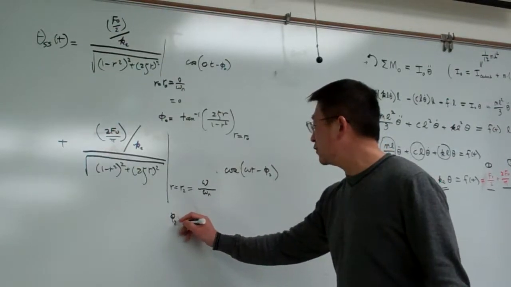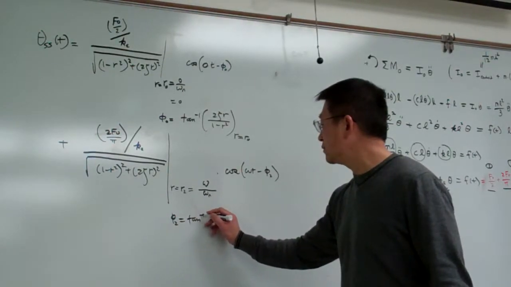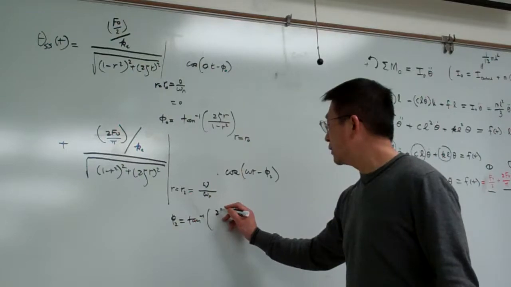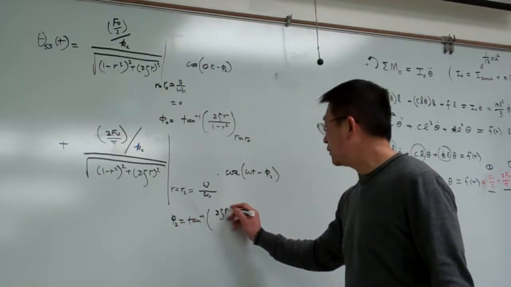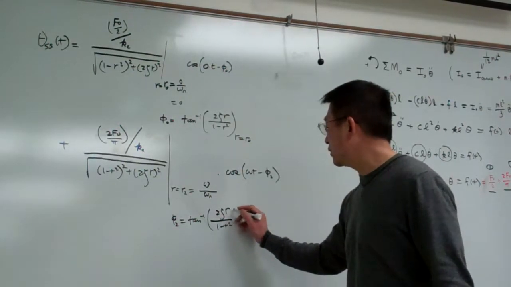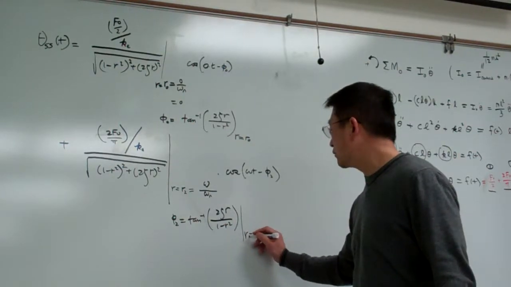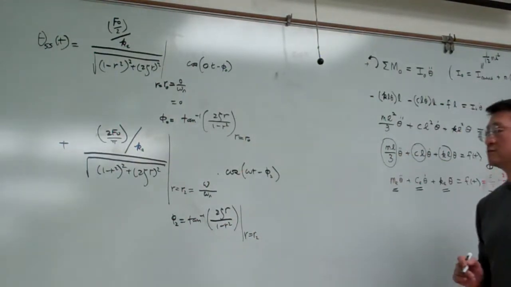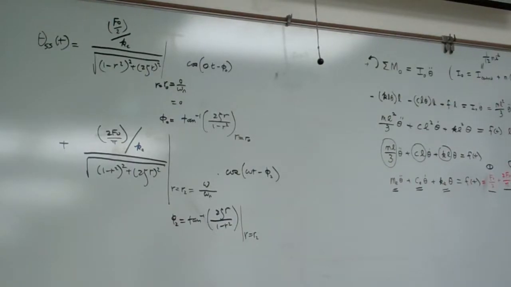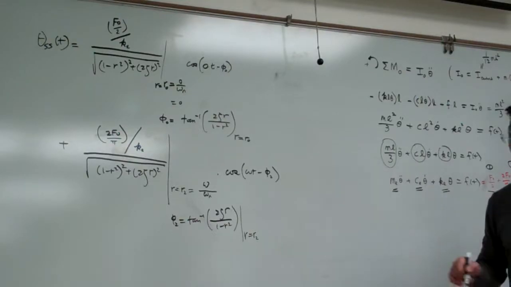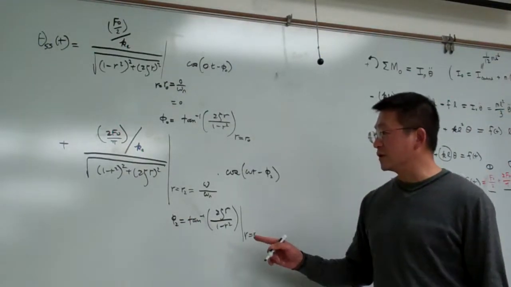So here phi2 equals arctangent of 2 zeta r over 1 minus r squared. So for this case, r equals r2. You okay? Any questions? Let me know. We can get into details.